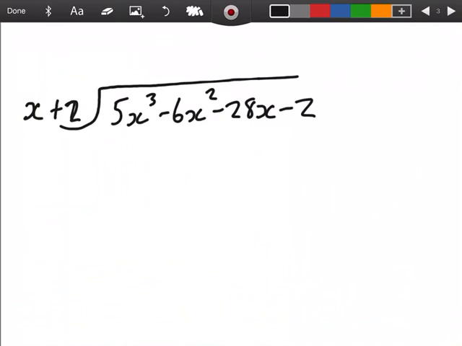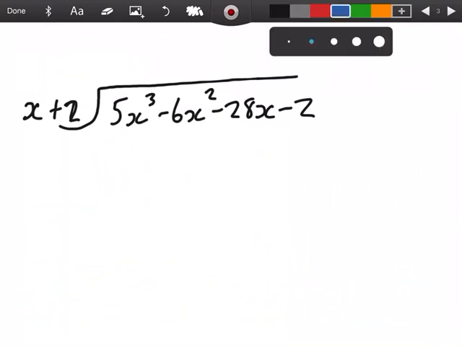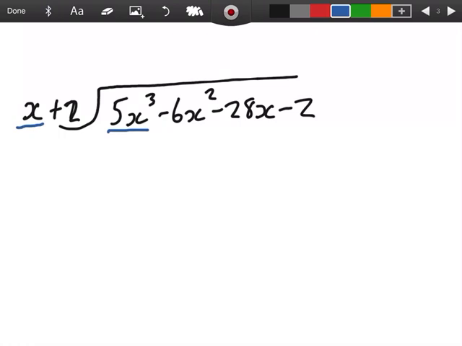So first I look at the first term, that's 5x cubed. And now I look at this x, and I think to myself, x times by what gives 5x cubed? The answer is 5x squared, obviously, but we write it up here.